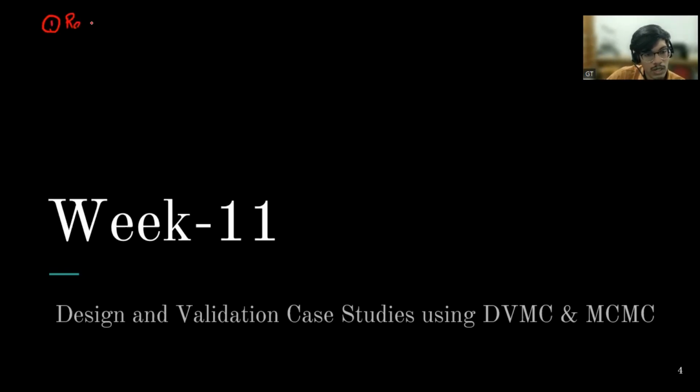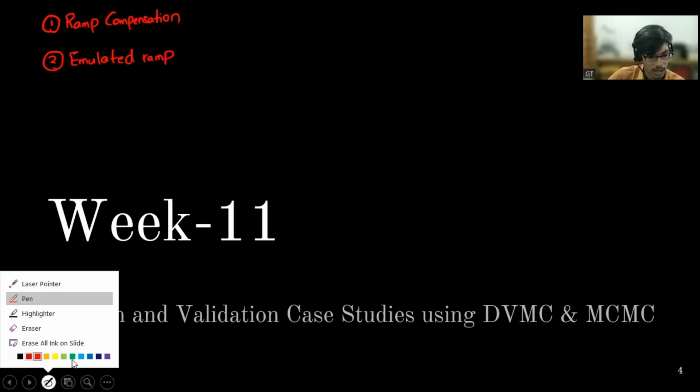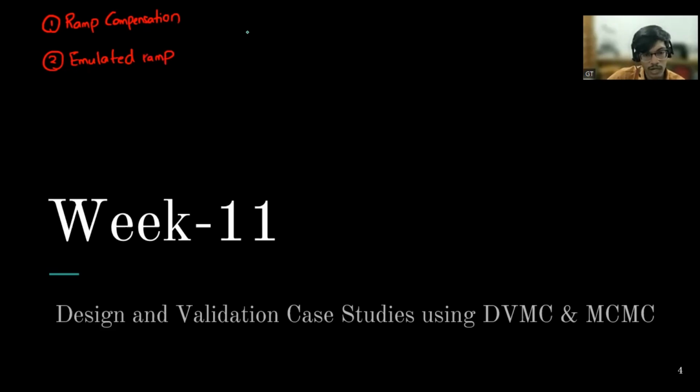Ramp compensation. And the second one is emulated ramp. So ramp compensation means, if we consider its application, it is the fixed frequency peak current mode control for duty ratio greater than 0.5.